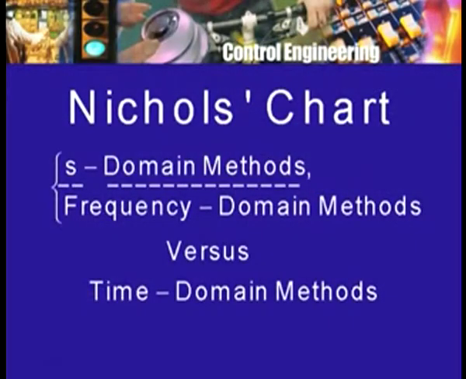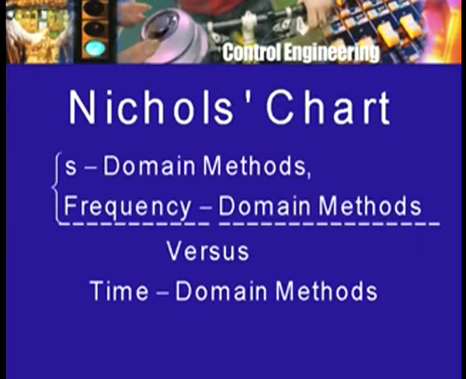Now, what kind of method is that? It is not a frequency domain method. It is not quite what is called a time domain method, which we will look at very soon. It may be called a transform domain, and specifically because the transform is the Laplace transform and the preferred symbol for the complex variable there is S, it may be called an S domain method. So, then we have had S domain methods. The root locus method was a particular example of that.